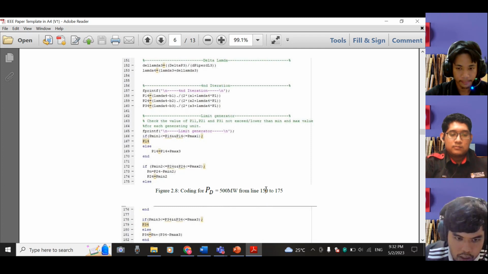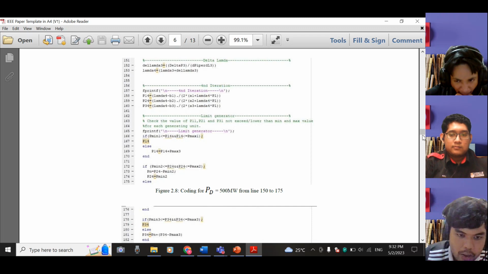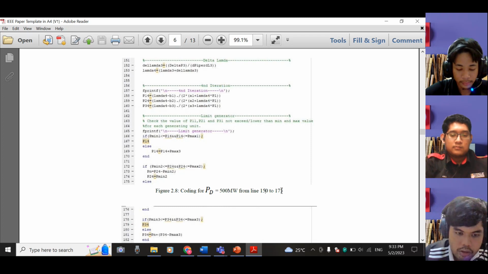As we can see at the third statement, it shows that if P min 3 is below or equal to P34 and P34 is below or equal to P max 3, we choose P34. Else, P34 equals Pn that comes from P24 plus P34 minus P max 3.